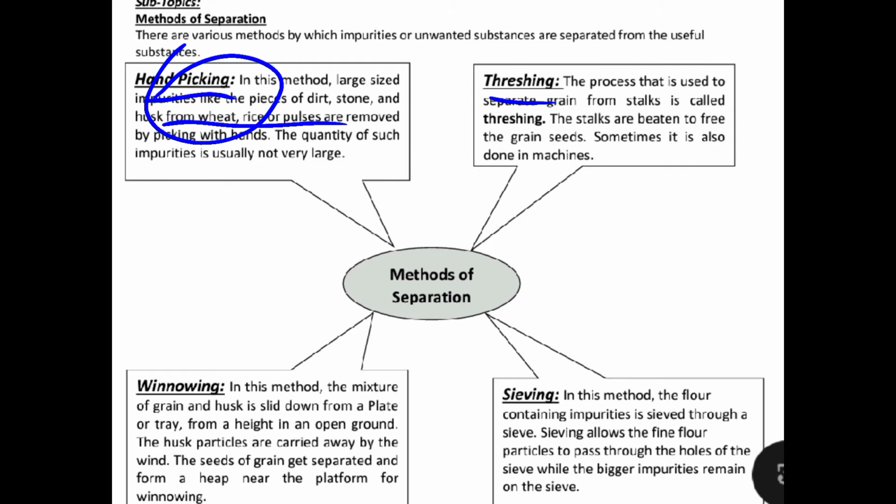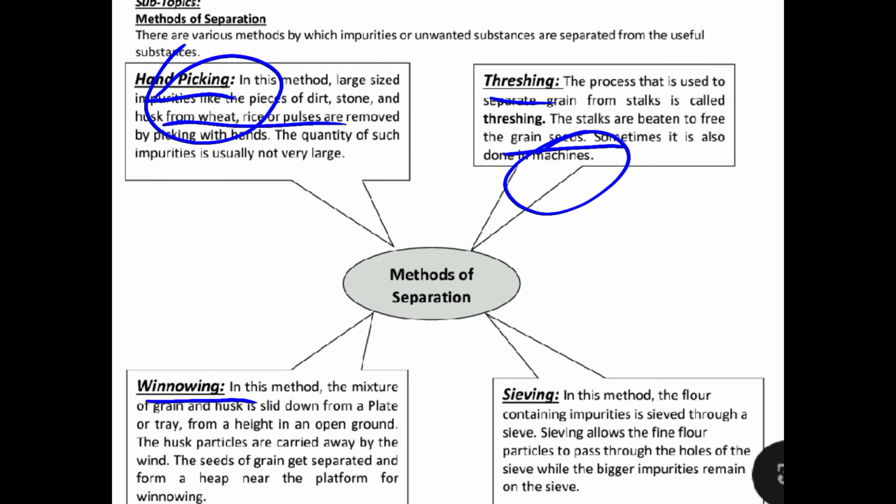The stalks are beaten to free the grain seeds. Sometimes it is also done in a machine, so we can thresh food grains like wheat and paddy with the help of machines as well.